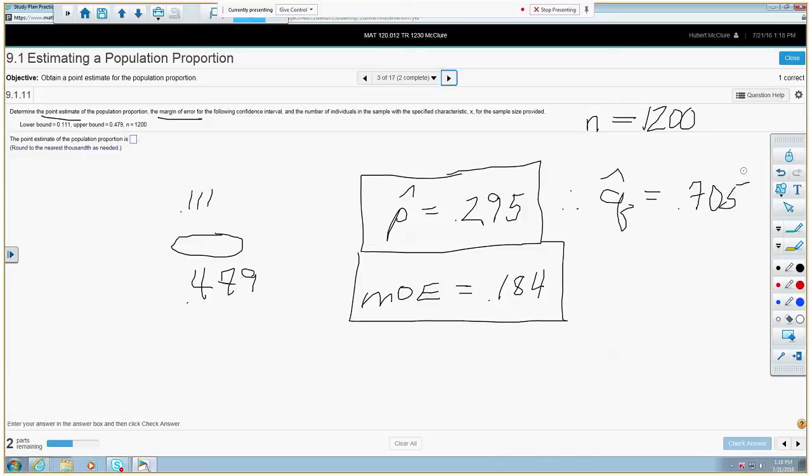I said 70 cents, I don't know why. I went the wrong direction. All right, so multiply 0.295 times 0.705 and multiply that by 1,200. What do you get?